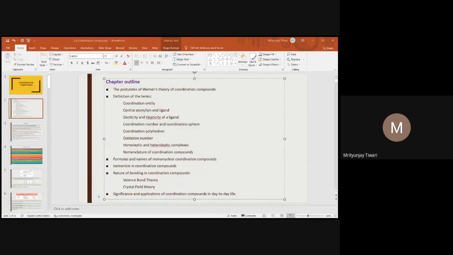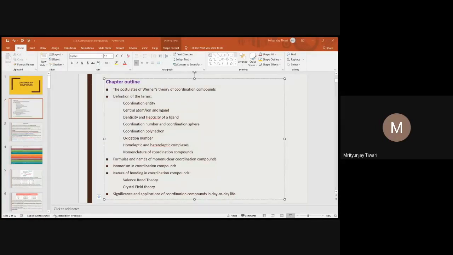The structure of this complex one can write as PtCl6, and we see 2 H⁺ ions are also here. So it will actually be H2PtCl6. It means the complex ion of the coordination sphere will contain PtCl6 with two negative charges on it, and those two negative charges will be balanced by the two H⁺ ions, two protons. So the coordination number of platinum in this case will be 6.